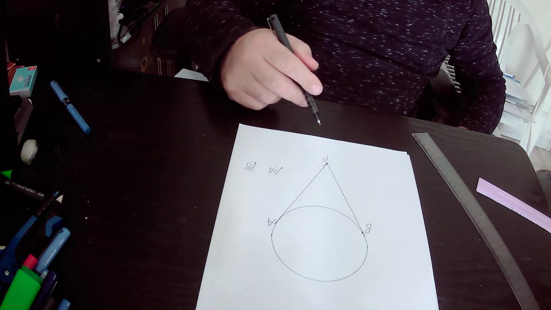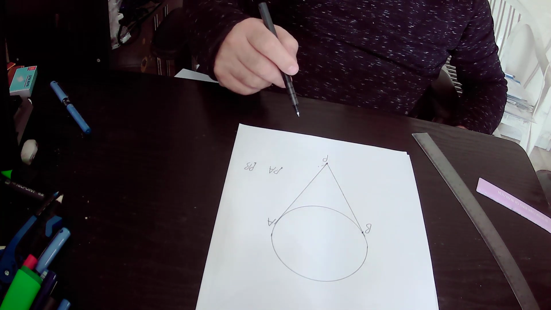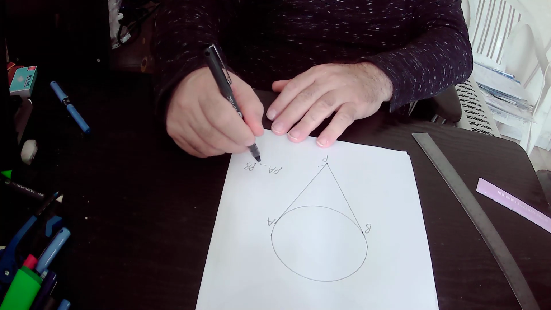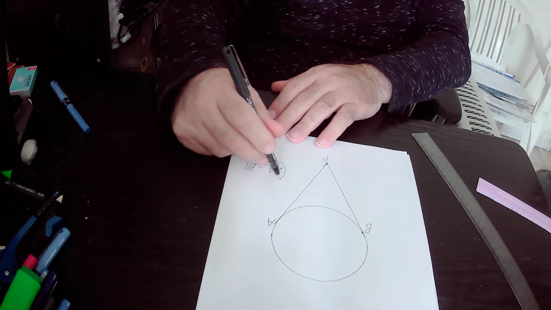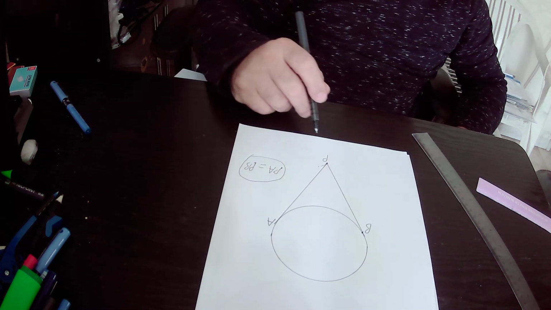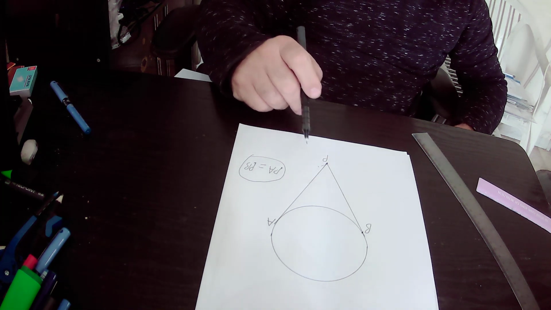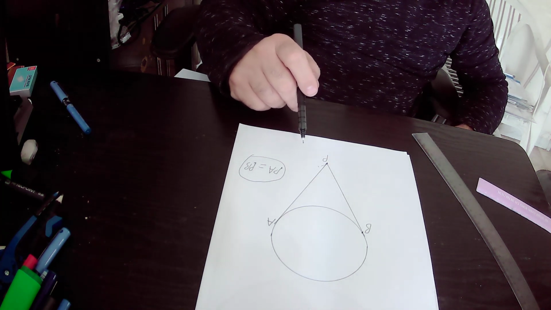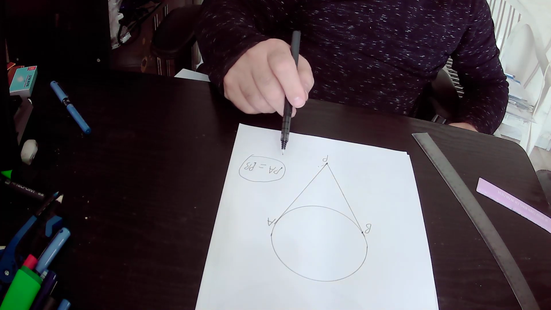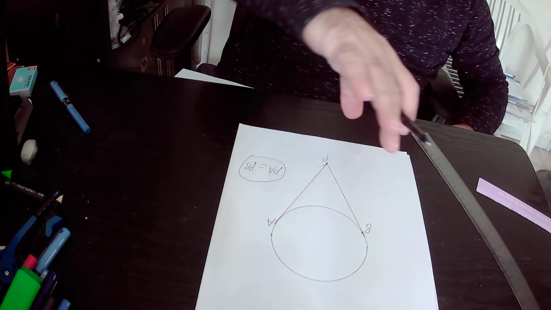The length of the first tangent is PA, the length of the second tangent is PB, and according to rule number 1 the lengths are equal, that is to say PA equals PB. Again, whenever you draw two tangents from an external point, in this case point P, to a circle, their lengths will be equal, PA equals PB.